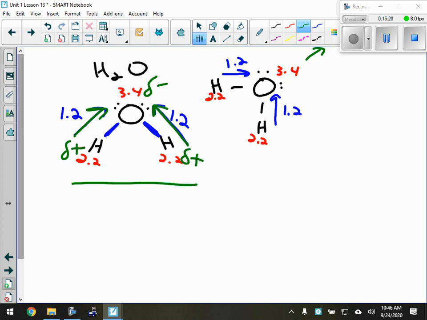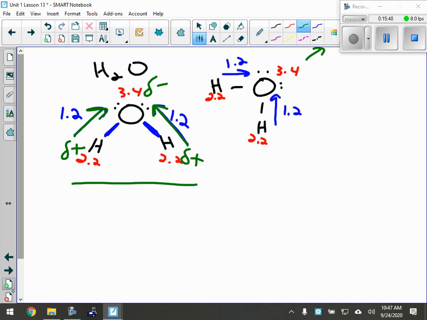So those hydrogens are going to become a little bit positive, not enough to be an ion by any means, but they're going to become pretty positive. But again, not enough to make it a positive ion.